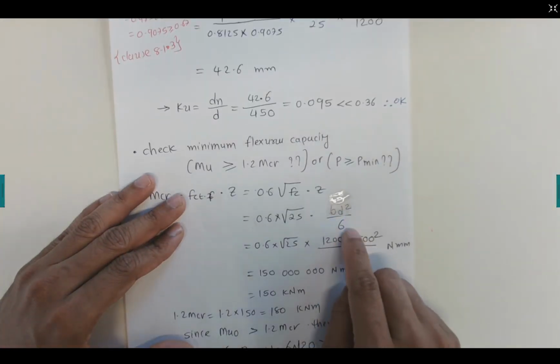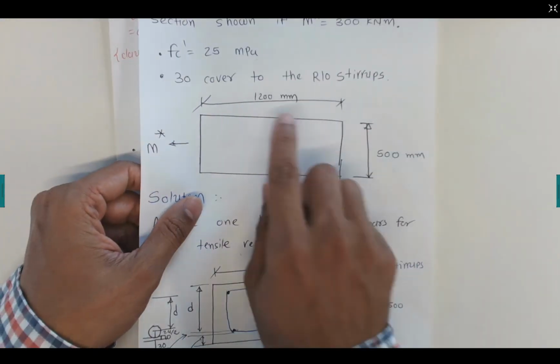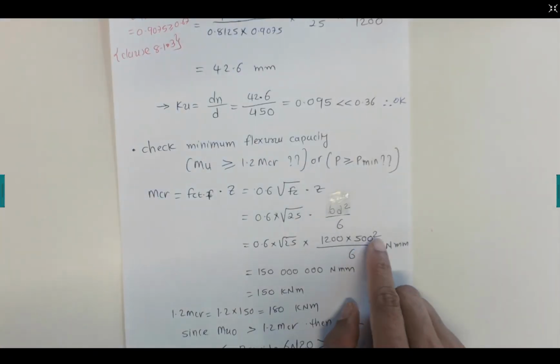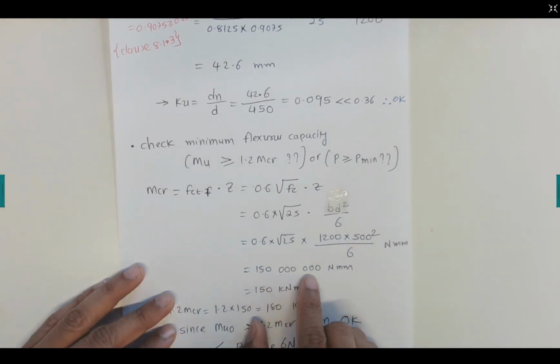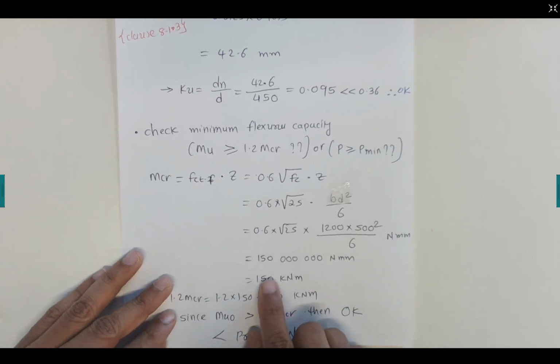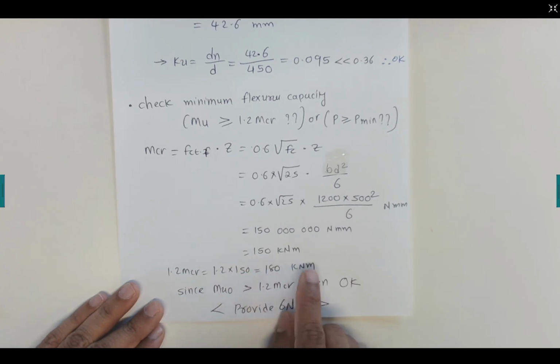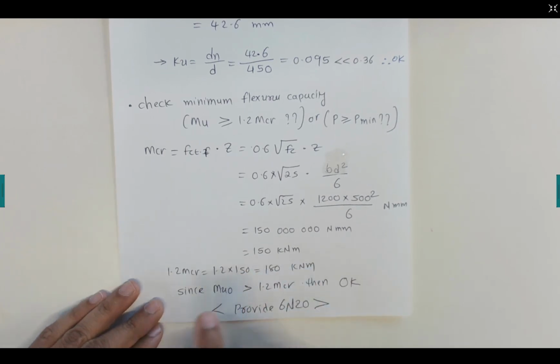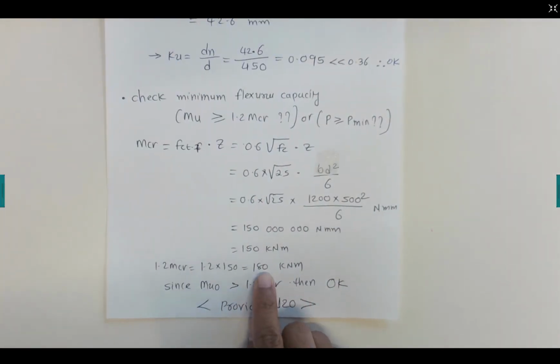So Z is b d squared over 6, where b is 1200 given in the question, and D is 500, giving us 150 times 10 to the power 6 newton millimeters, converting to kilonewton meters. So 1.2 Mcr is 1.2 times 150, which gives us 180 kilonewton meters. Phi Muo is 353 kilonewton meters, which is greater than 180, so that is okay.